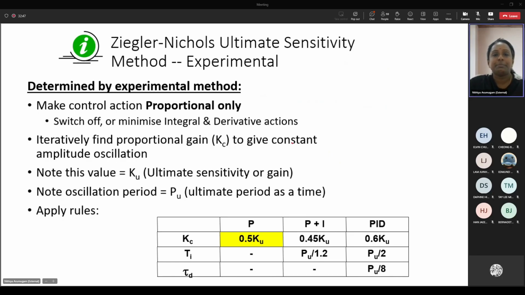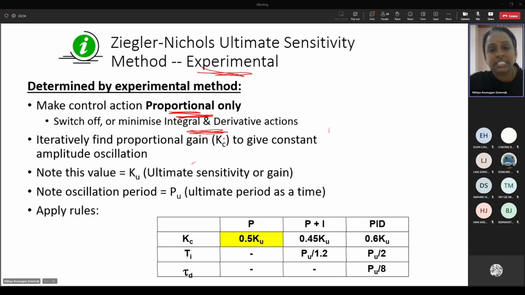Now, for the experimental method, the first method, we make the control action proportional only. We assume it is only proportional because the other two we always put as 0. So switch off or minimize integral and derivative actions. This is done experimentally.